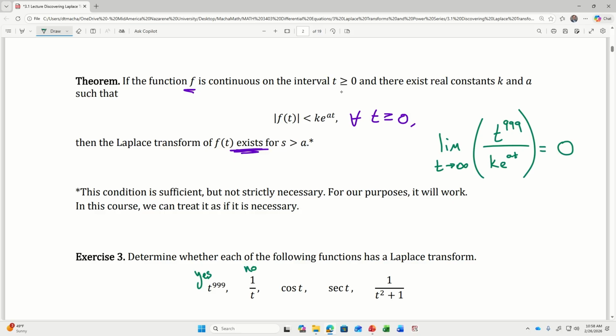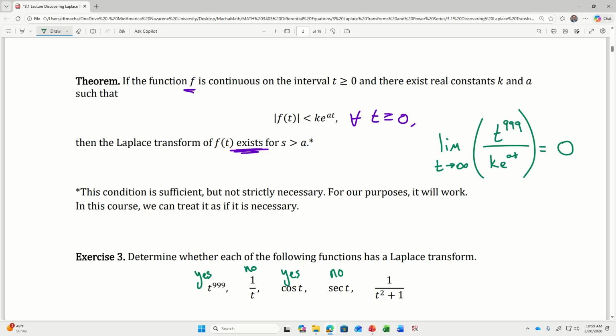What about cosine of t? Does that have a Laplace transform? Yeah, it's continuous and it doesn't grow, it just oscillates. What about secant of t? Does that have a Laplace transform? No, specifically because it's not continuous everywhere.